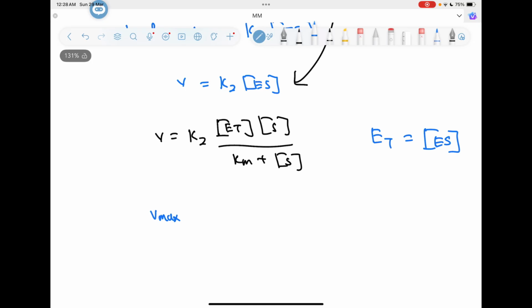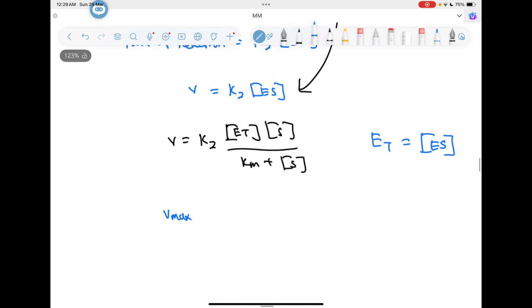And this is true because at the maximum rate of reaction, you will expect all the enzyme, which is all the catalysts, to all be working at their maximum rate. And they are working at their maximum rate when they are in the form of enzyme substrate complex, which is ES. So with this idea here, we relate it to the V equation that we have derived just now.